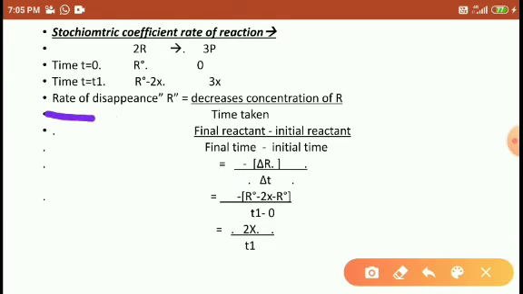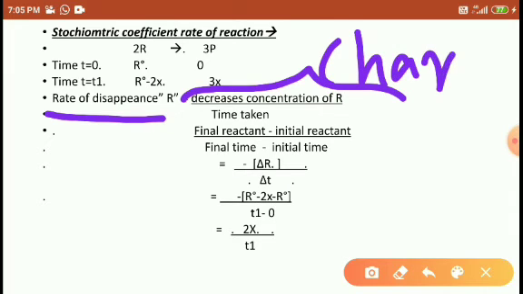So the rate of disappearance of R is the decreased concentration of R, the change in concentration divided by time taken.